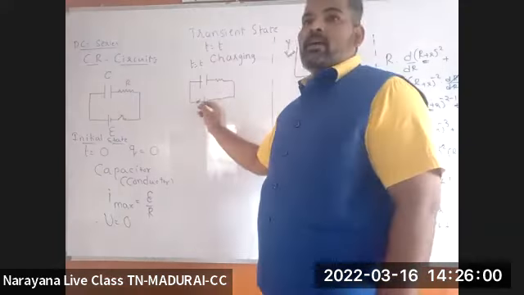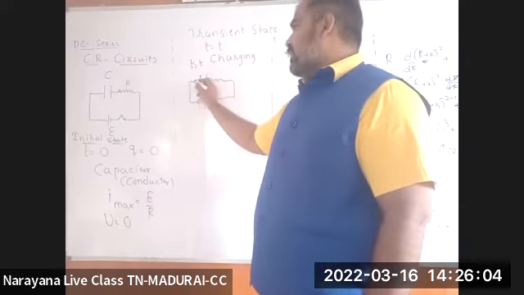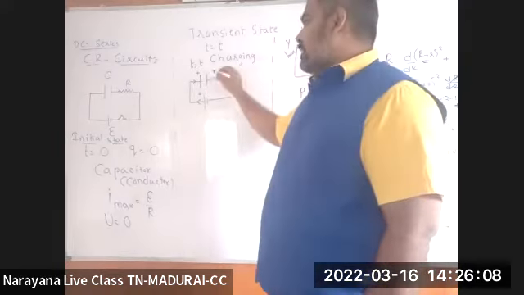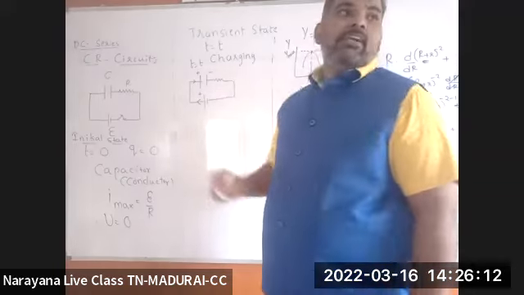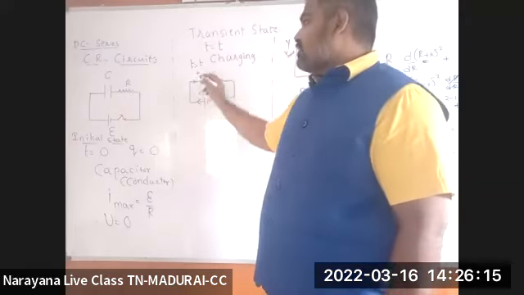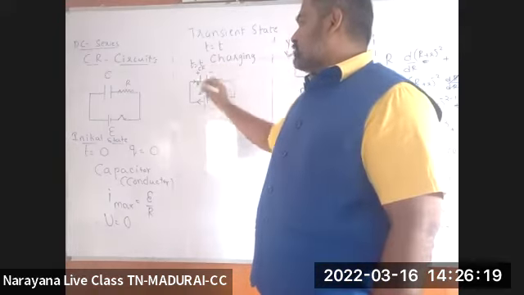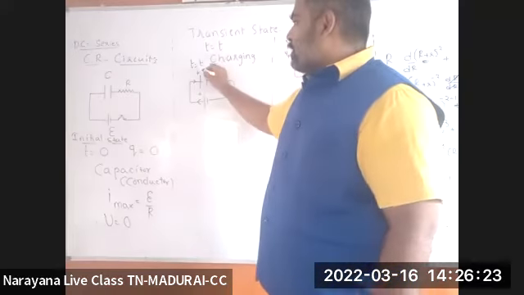Charge is always coming out of the high potential of the cell and accumulating here only. So this will be high potential and this will be low potential. After t seconds, what is the charge on the left plate? I will assume small q.